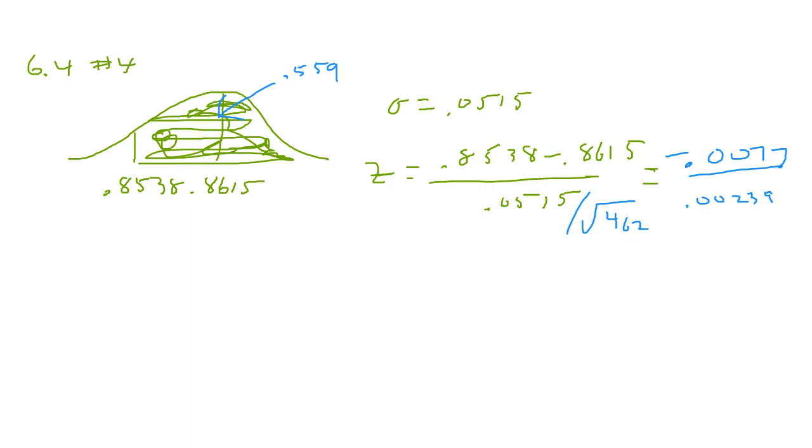And let's go. So now, if I take negative 0.0077 divided by that, I get, make sure I get this right, 0.00239.